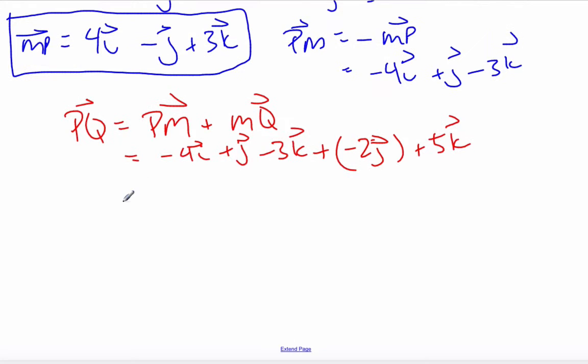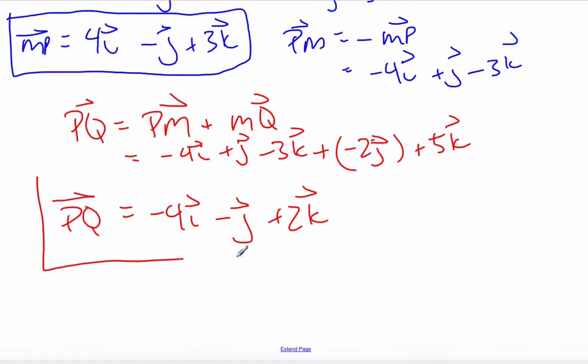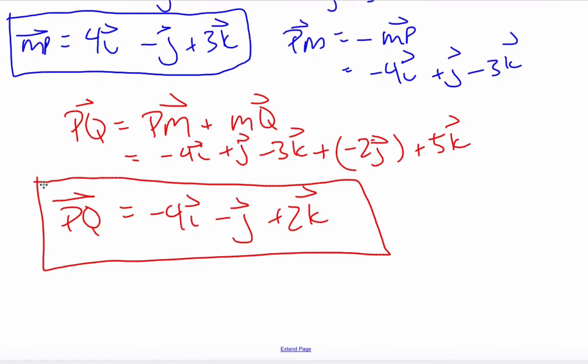And I add my components up. I get negative 4I, minus 1J, a J plus a negative 2J, and then a plus 2K, just like algebra, and that is PQ. And so the mathematics of vectors with adding and subtracting is very similar to algebra.